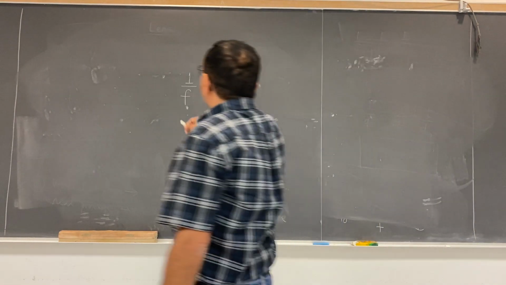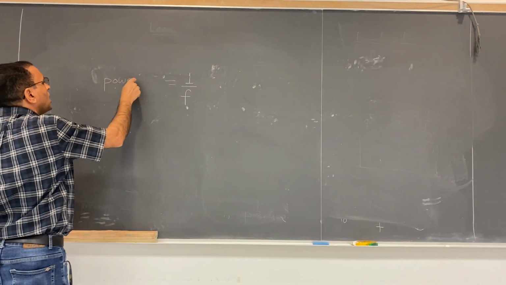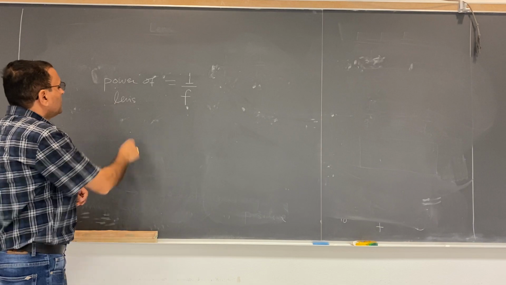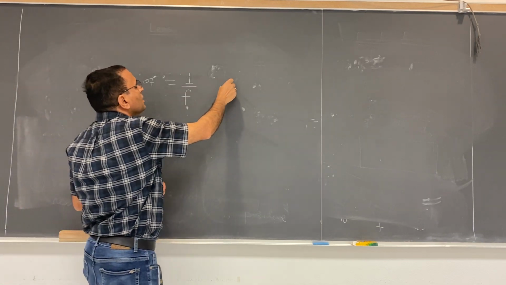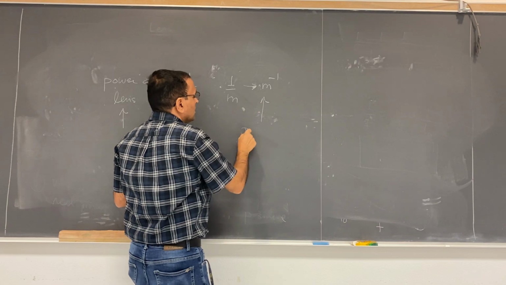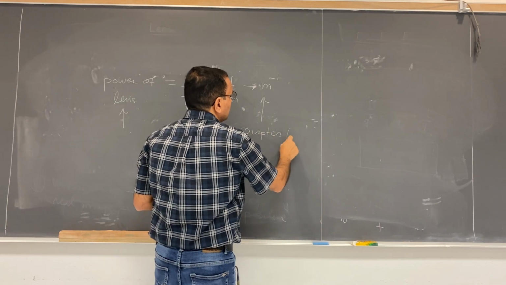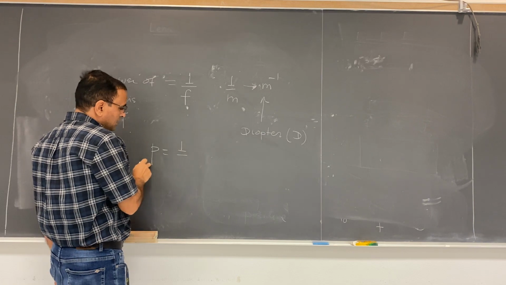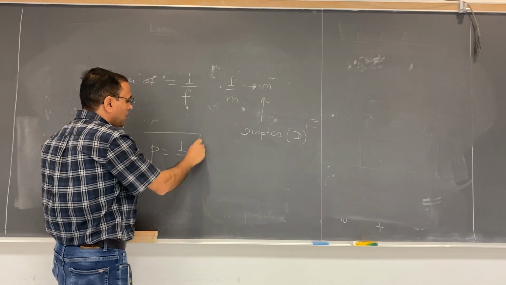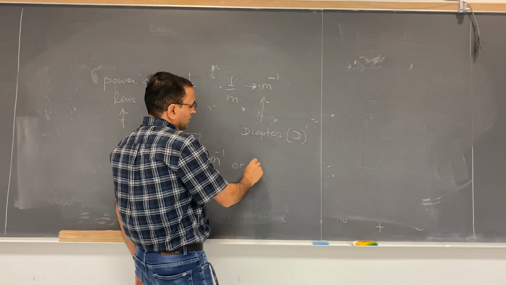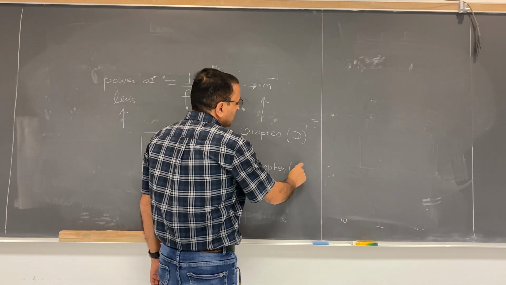The reciprocal of the focal length we call the power of the lens. The unit of the power of a lens, 1 over f, is 1 over meter, or simply per meter, but this is called the diopter, or simply you can use D.